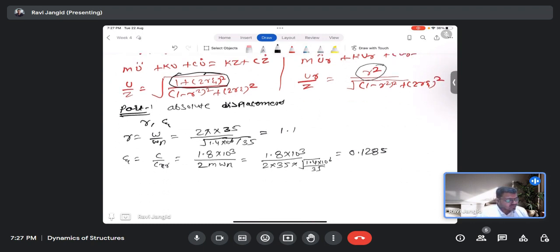So now you have the Z. Z is given to you as 10 mm. So you can find out the U. What is your U total, like the absolute?